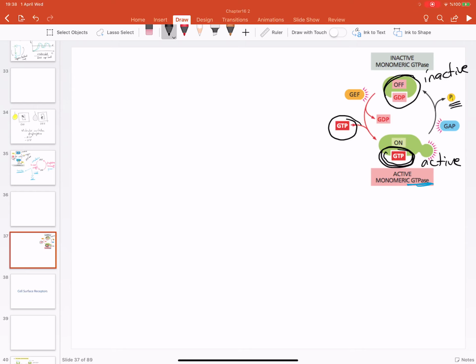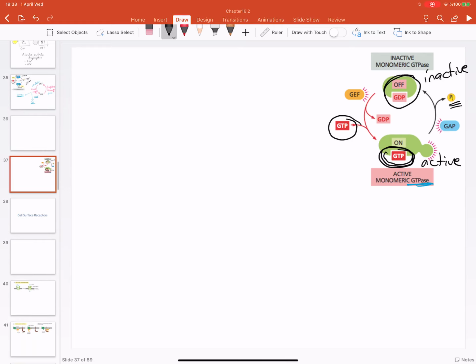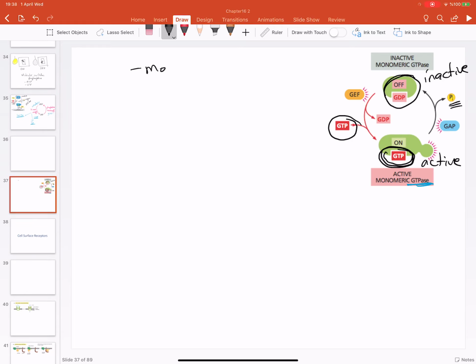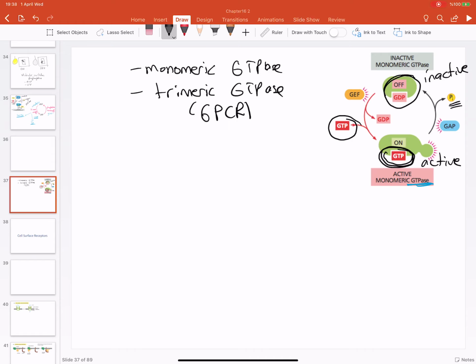Now, there are monomeric GTPases and trimeric GTPases. We have seen one of the monomeric GTPases, RAB GTPase, on the vesicles. And we are going to see the trimeric GTPases today in chapter 16, which are also called GPCRs, a very famous class of molecules.